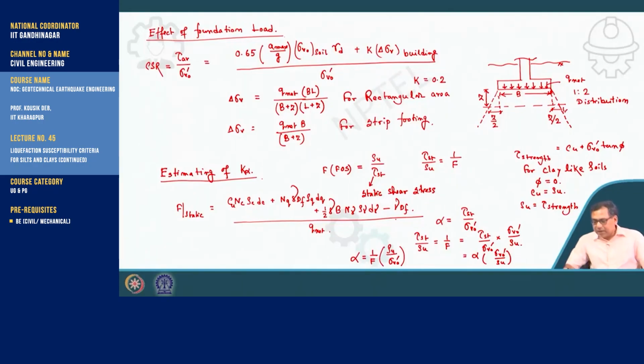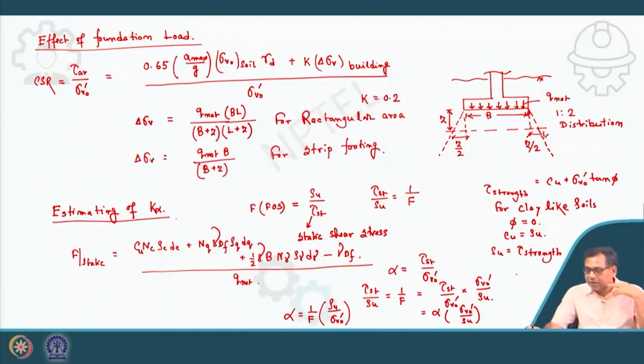Okay, it is clear that alpha is tau ST by sigma V0 dash. I know that tau ST by SU is 1 by F, and that is for clay-like soil. Now tau ST by SU I can write as tau ST by sigma V0 dash into sigma V0 dash divided by SU.